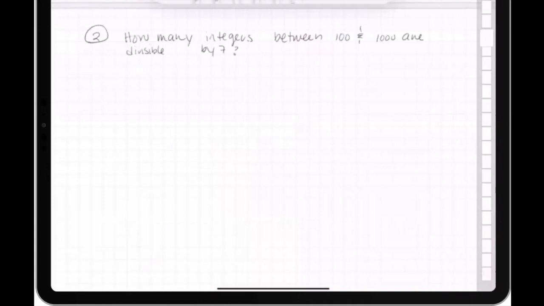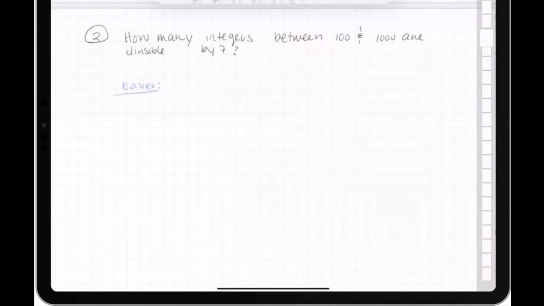So the second problem was how many integers between 100 and 1000 are divisible by 7. So just like in the first example, I'm going to start off with something easier.